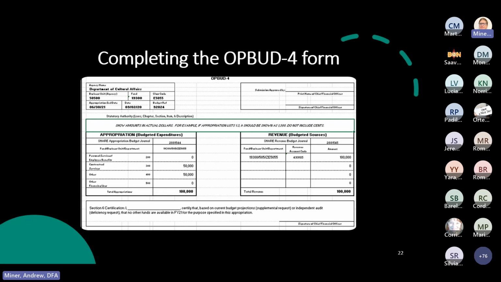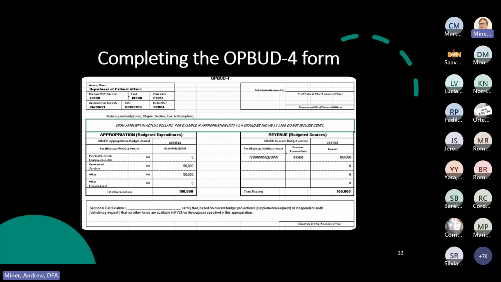Okay. And then on the bottom of the form, you see this Section 6 certification. This is something that's very important, but only if you're budgeting an appropriation from Section 6 of the House Bill 2. So if you'll remember from this morning, Section 6 is supplemental appropriations that are intended to cover any sort of shortfalls or deficiencies.